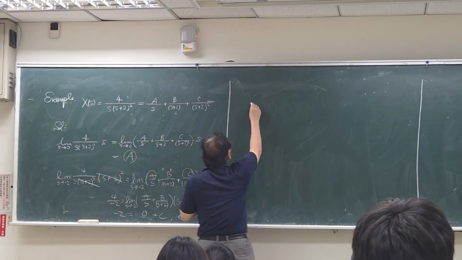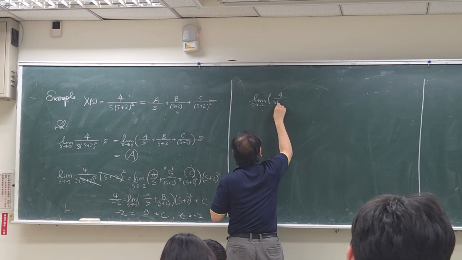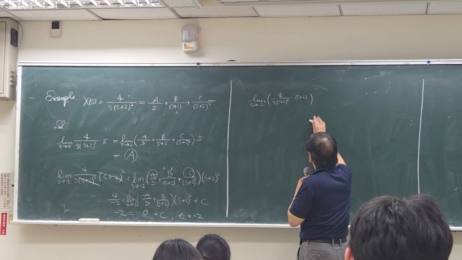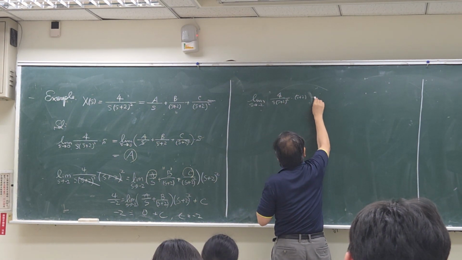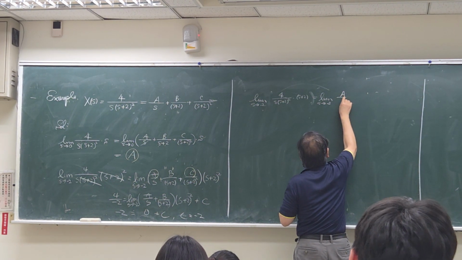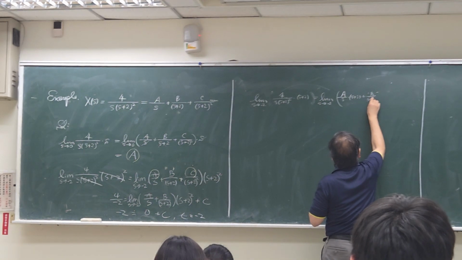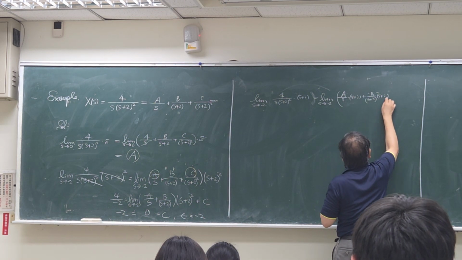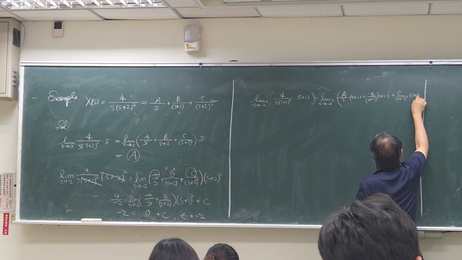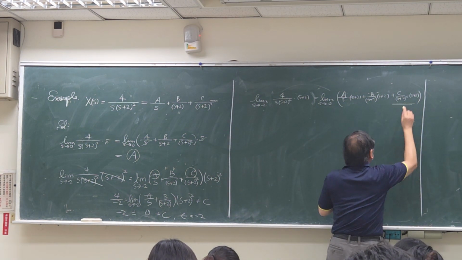If I multiply the entire equation by s plus 2 only, then we have a problem on the third term.